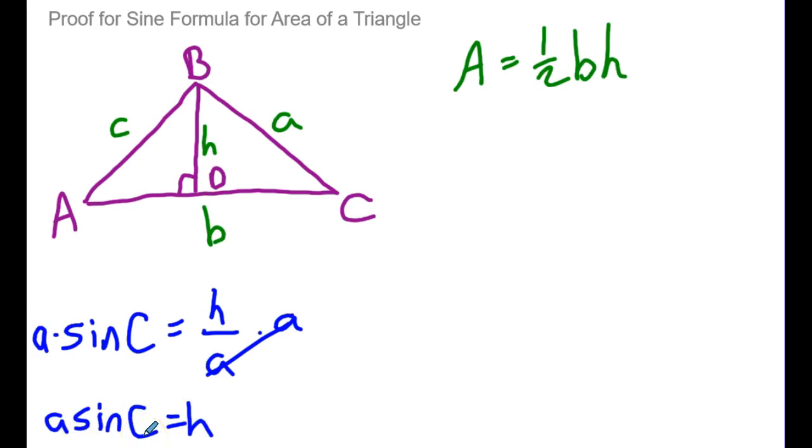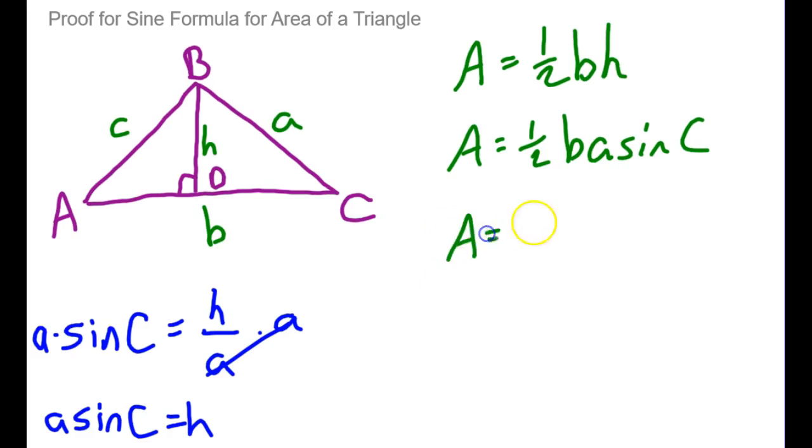Going back to the equation up here, the area is equal to 1/2 times b, which is our base, times, instead of h, a times the sine of C. To make this look a little neater, I can rearrange two of the terms, a and b. So the area is equal to 1/2 ab times the sine of C.